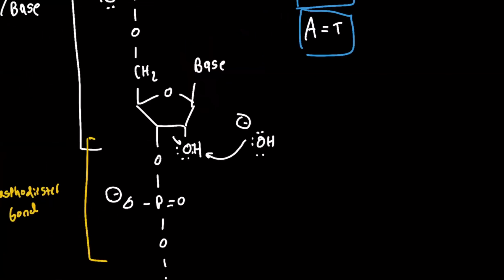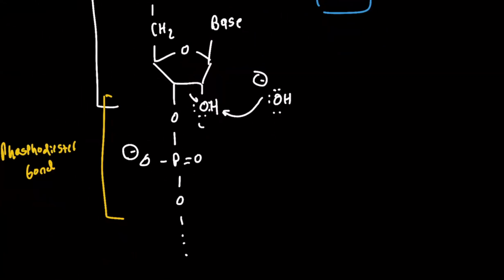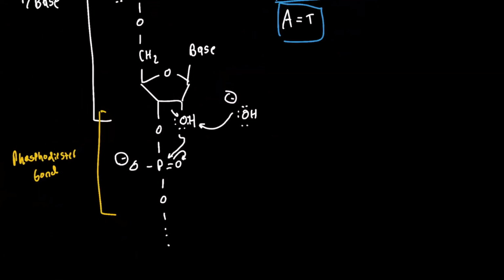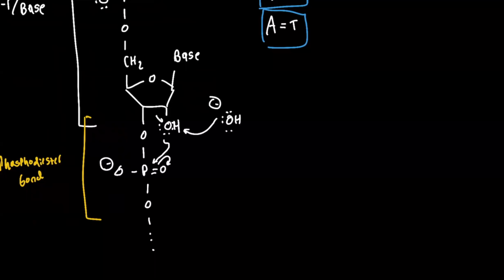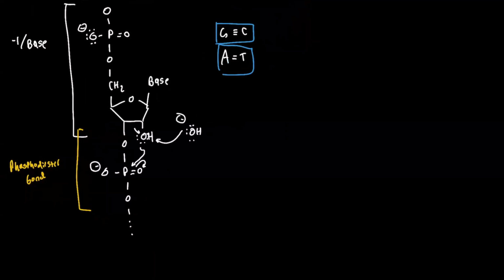So what will end up happening is it will attack that phosphorus, and you'll end up getting a cleavage that completely breaks the RNA, which again is the reason RNA is so unstable.